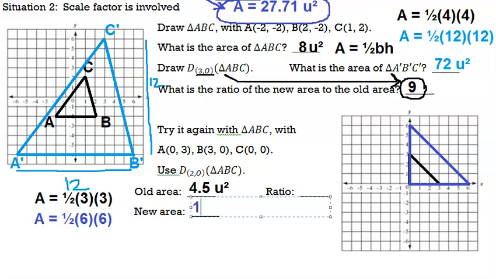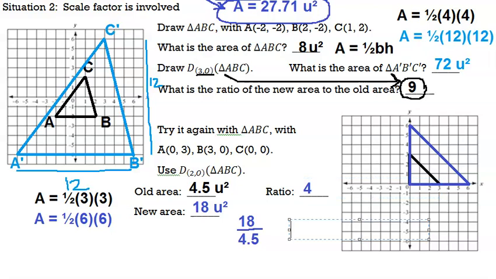Half of 36 is 18. The ratio of 18 to 4.5. So if you did 18 divided by 4.5, and you could do this on a calculator actually, you would find out that the area of the new figure is actually 4 times bigger.